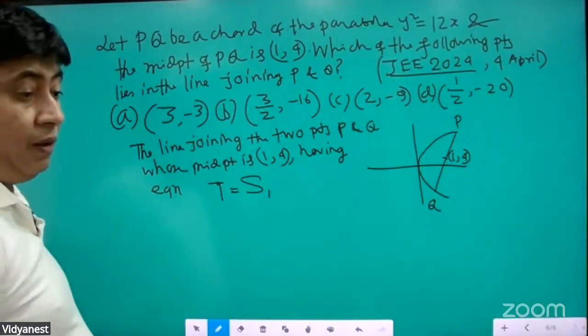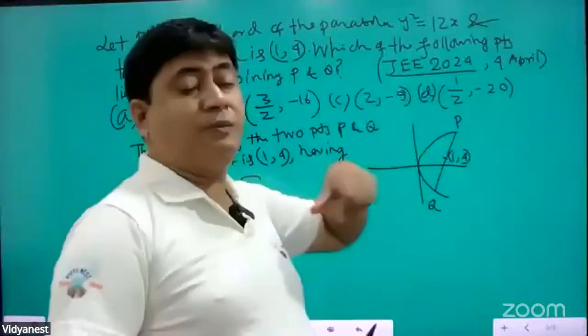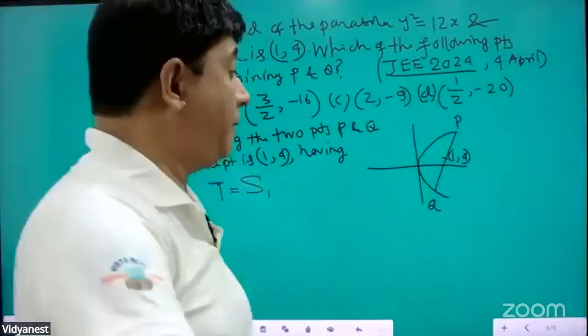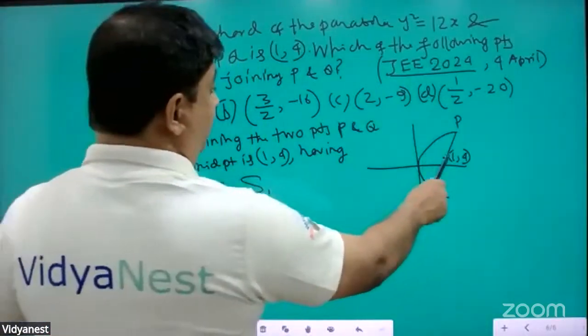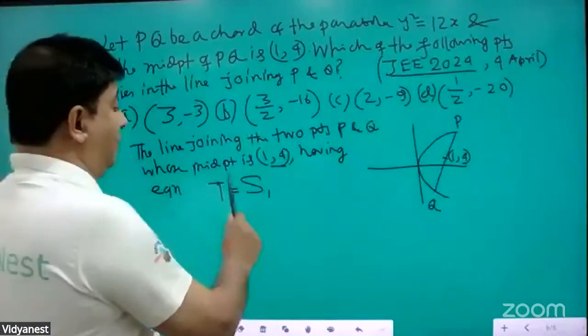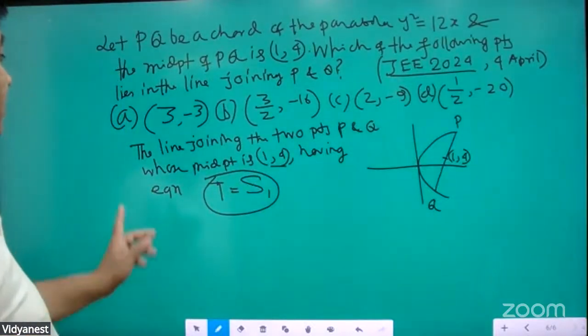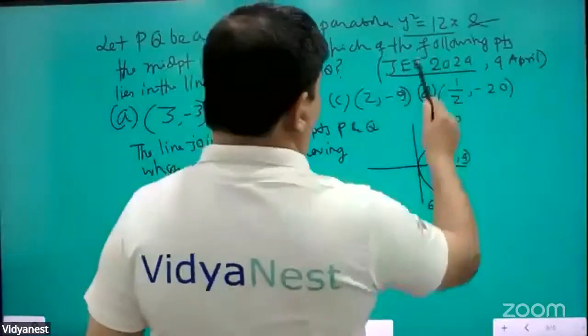Why? Because we are taught that T is equal to S1 is the locus of the midpoint. Here it is given the midpoint lies on PQ. So PQ is that locus of the midpoint 1, 4, and that is described by T is equal to S1.